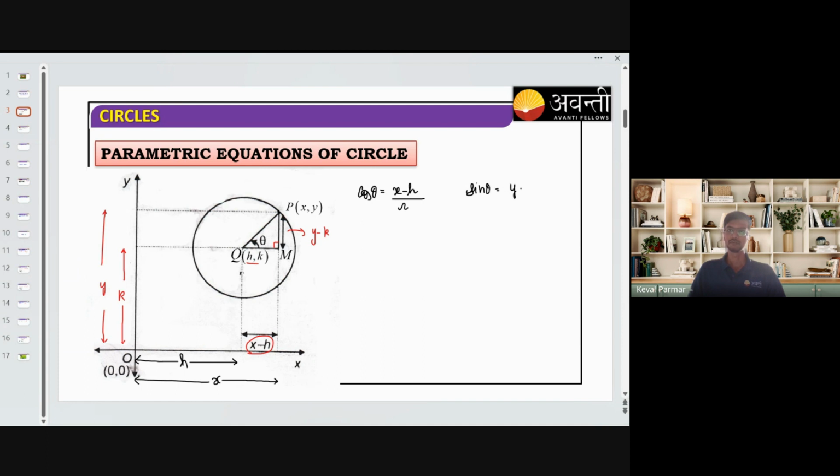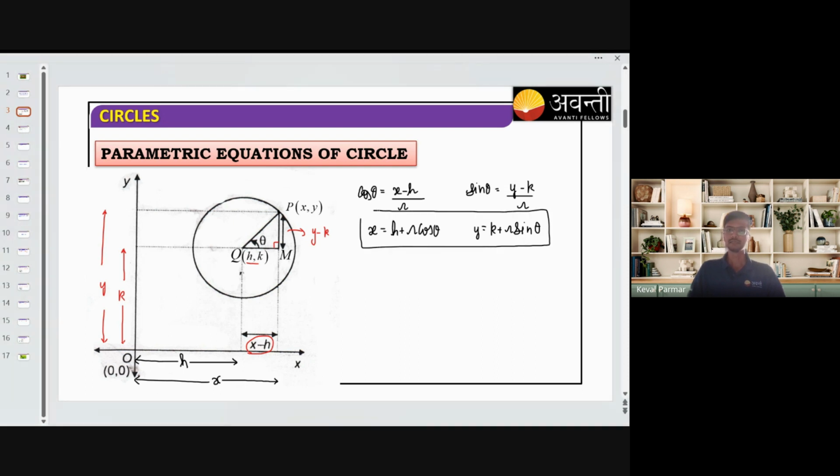Opposite is y minus k upon r. So from here, we can easily write x equals h plus r cos theta, and y equals k plus r sine theta.